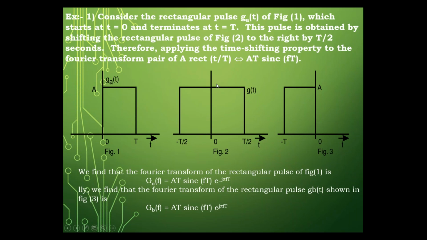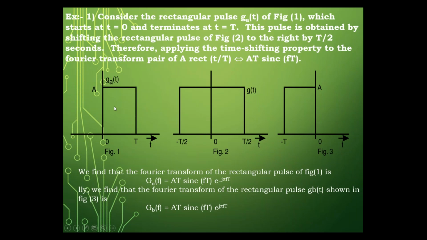This is my actual waveform, which is existing from minus t by 2 to t by 2. If I take the Fourier transform of this, I'll get A t sinc f t. Here t is the period of this. Now, if I shift this towards right, now I'll get this.